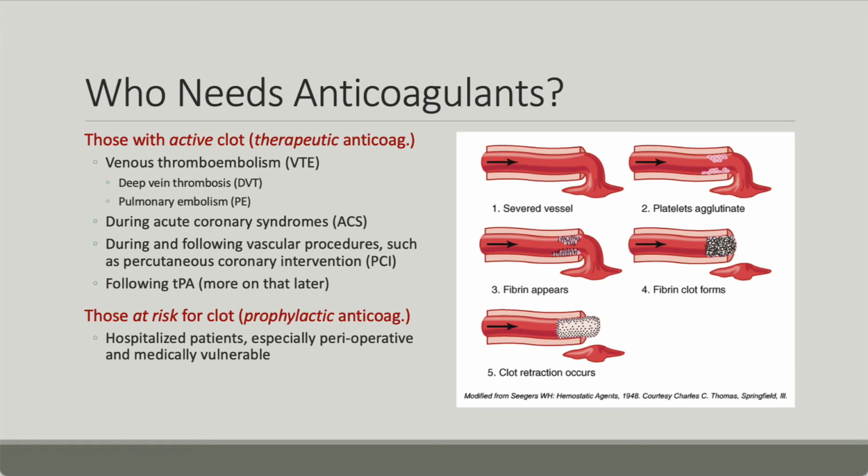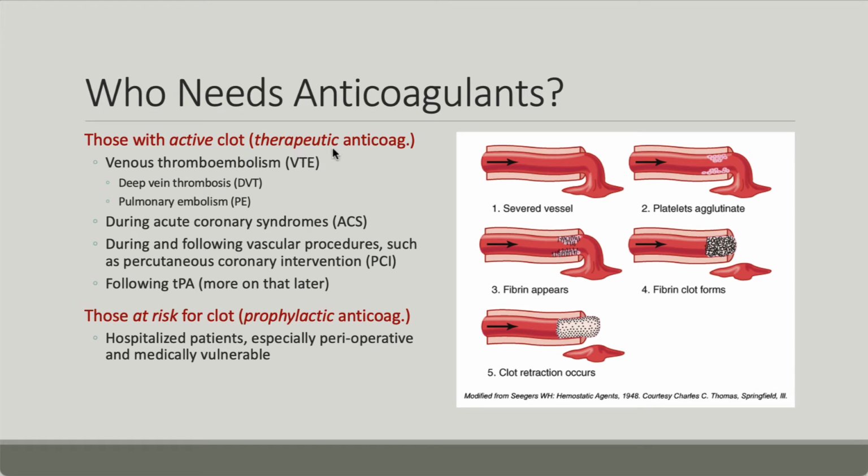We also use anticoagulants at a prophylactic dose. Remember we talked about prophylaxis. Prophylaxis means prevention. And so if somebody comes into the hospital, they are at risk for having a deep vein thrombosis or a blood clot in their leg, right? And we want to do something to prevent them from developing a DVT. We can give them a smaller dose of an anticoagulant to limit the ability of the blood to clot, but not prevent it from clotting like we do with a therapeutic dose.